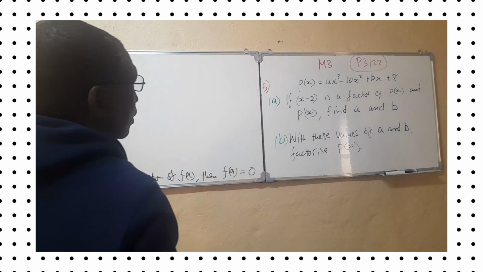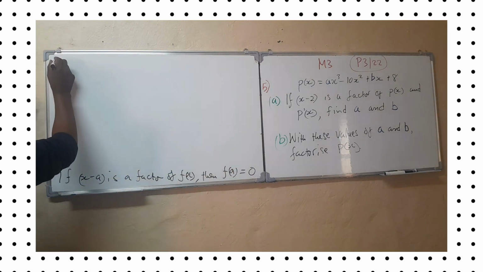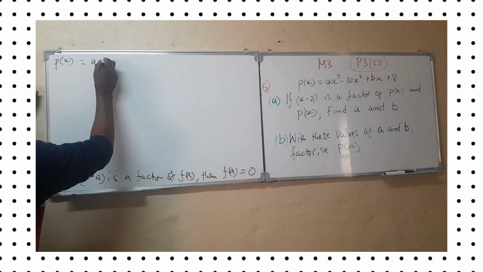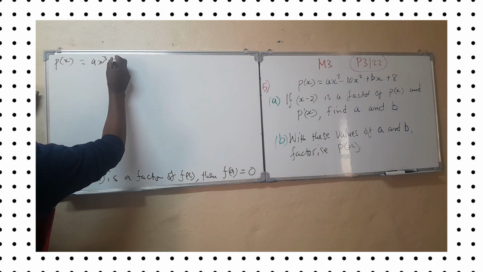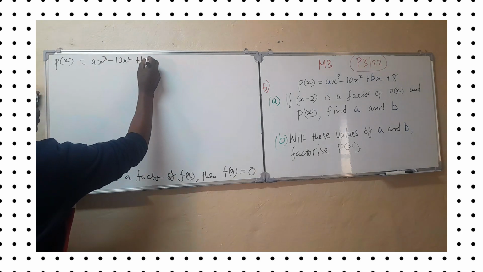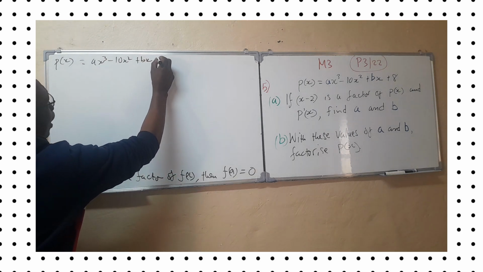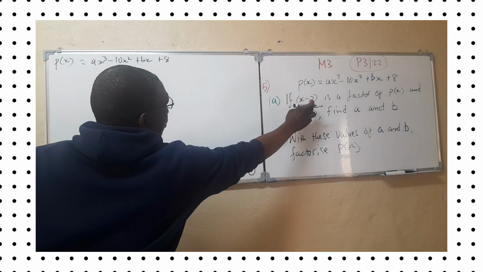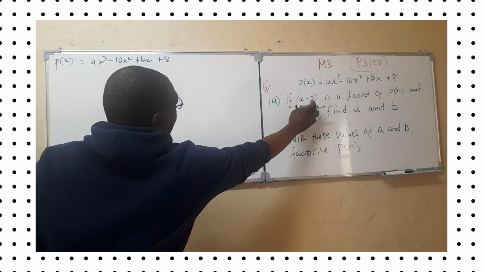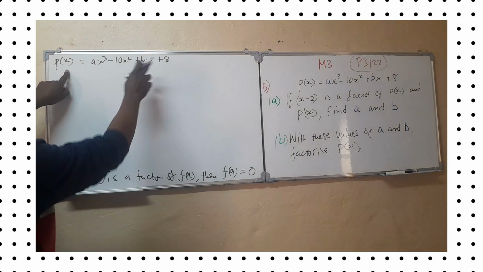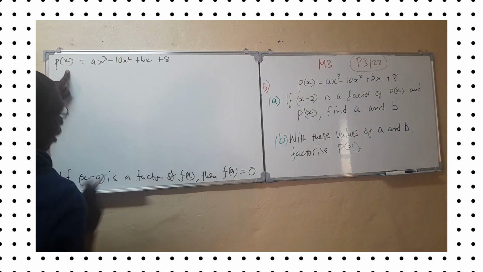P of x, we are given, here is our P of x. It's a polynomial, which is equal to ax cubed minus 10x squared plus bx plus 8. Now, what do we know? We know that x minus 2 is a factor. So in this case, our a is equal to 2. So p of 2 should be equal to 0, our factor theorem.